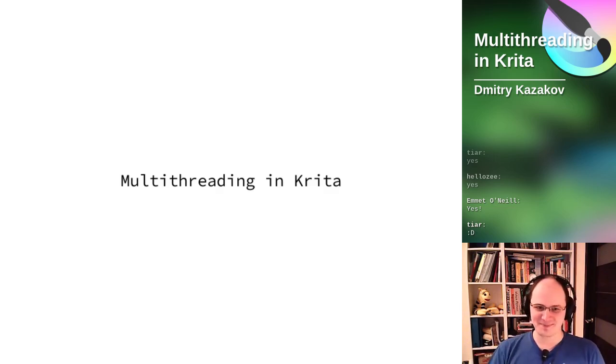So my presentation has 5 parts. In the first, I will tell a few words about the Tiles Data Manager. This is the base where all pixel information is stored in Krita, and what this data manager requires from a multi-threading point of view. Then I'll talk about different types of multi-threading jobs we have in Krita.